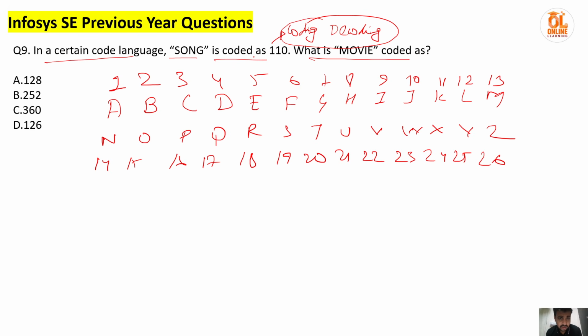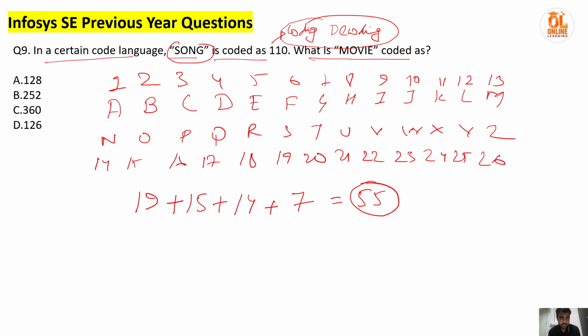Now they have given song is coded as 1110. So let us try to find a pattern. S is 19, O is 15, N is 14, plus G is 7. 14 plus 7, 21. 21 plus 19, 40. 40 plus 15, 55.